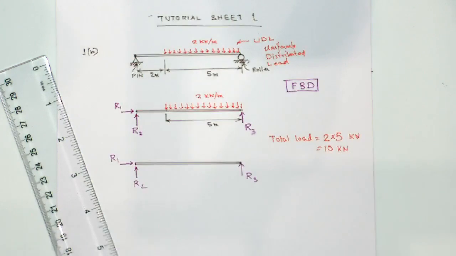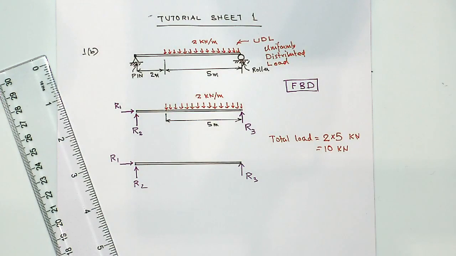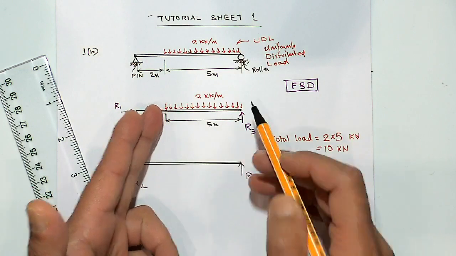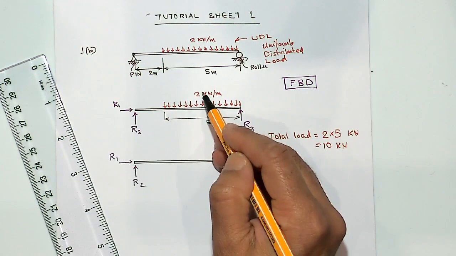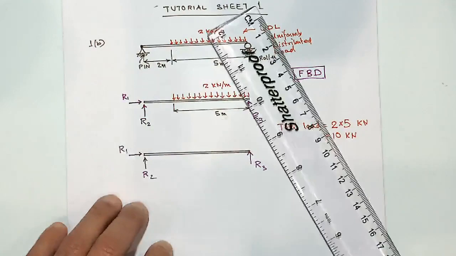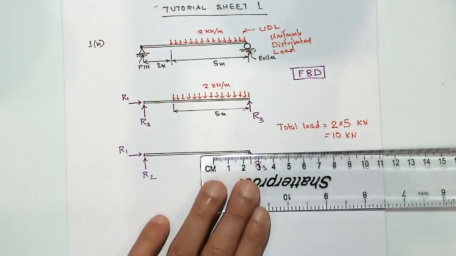So for the sake of calculation, where do you think it would act? Now of course it will act in its center of gravity of the load. So where do you think center of gravity of that load would be? Now of course it is a uniformly distributed load, so it will be in the middle. So the middle means 2.5 meter from the right hand side.